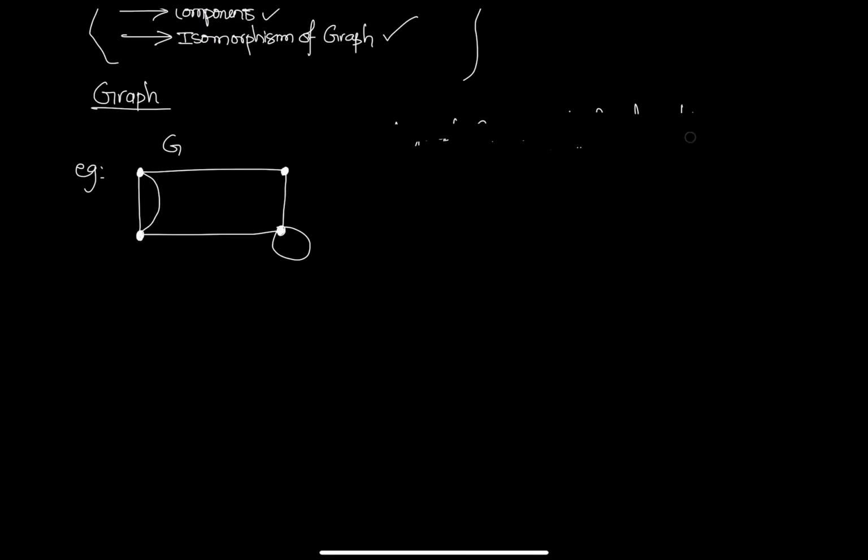So basically a graph is a set of vertices connected by a set of edges.